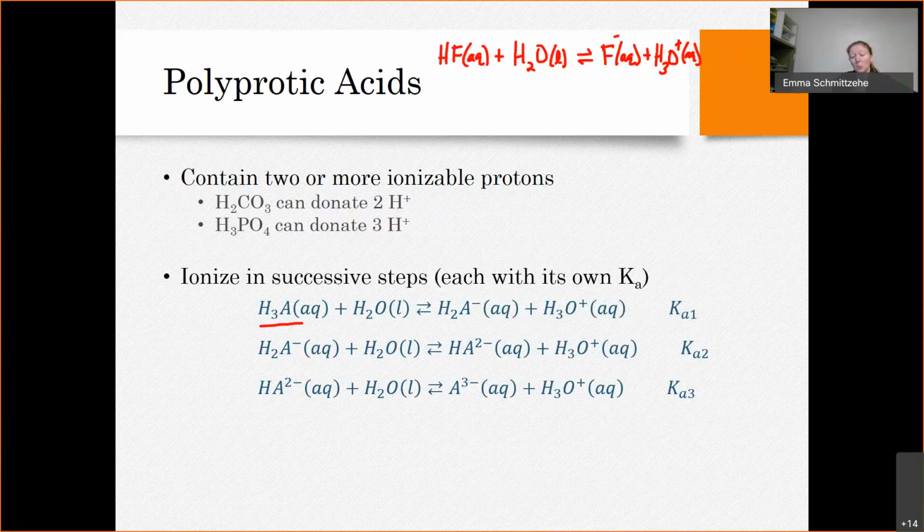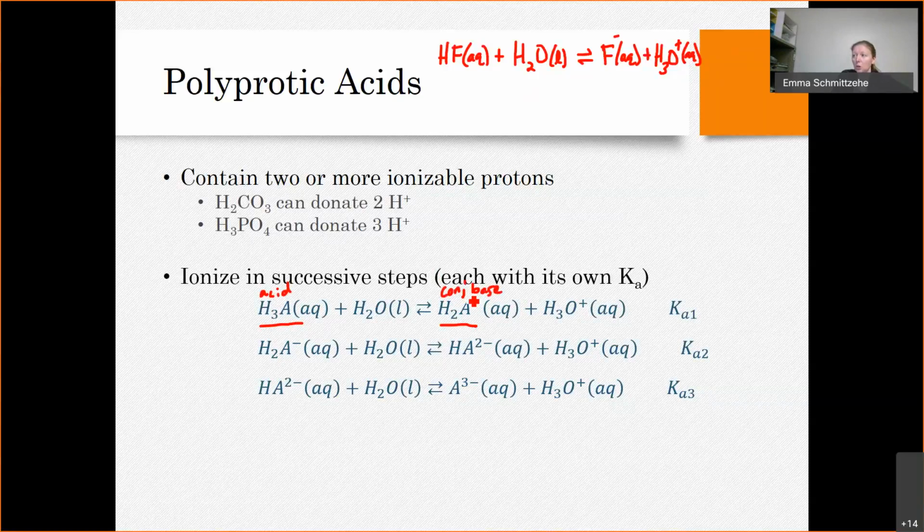If I put that in water, initially it loses 1 proton, making H2A-, and the hydronium ion, because the water molecule picks up that proton. In that first reaction, the H3A is my acid, and the H2A- is the conjugate base of that reaction.